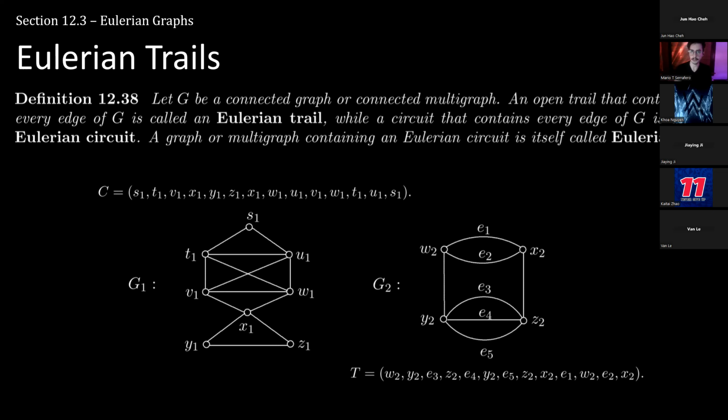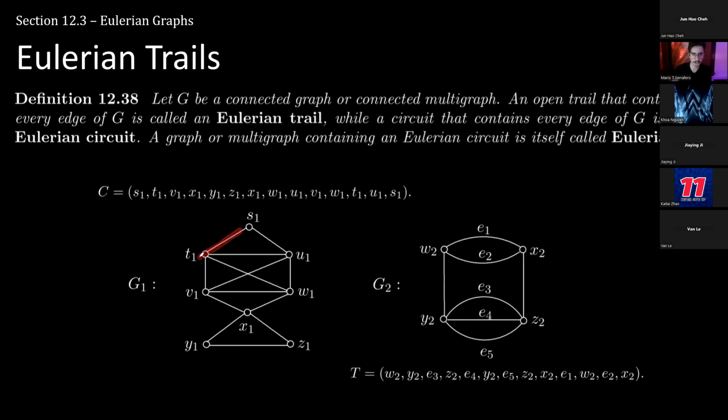Now, if you furthermore find that that thing is a circuit, meaning it ends up back where it started, then that's an Eulerian circuit. And if it has an Eulerian circuit, then the whole thing is called Eulerian. So here we have an example. If we follow this sequence, then we'll actually touch each edge exactly once.